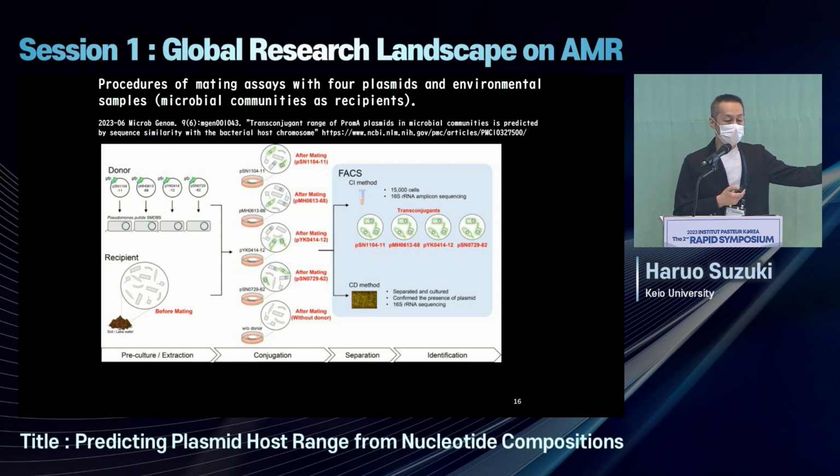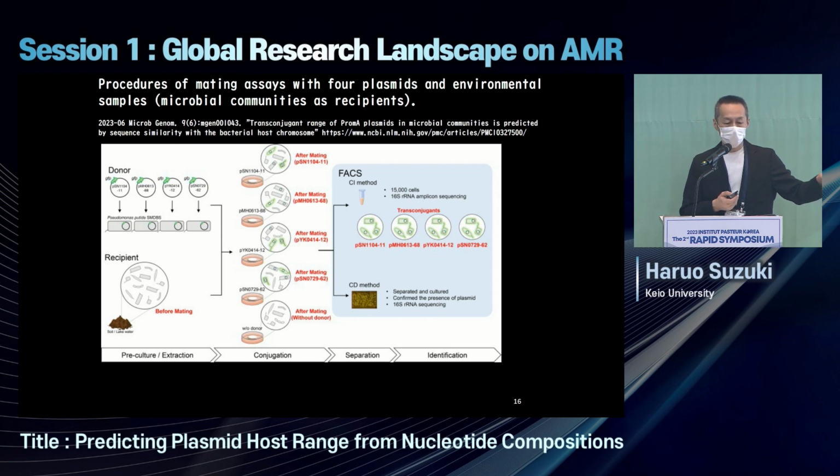On the left are donor cells containing four different GFP-tagged plasmids. As recipients, environmental samples like soil or water, as a microbial community, were used. Then a filter mating assay was conducted and plasmid transfer occurred.